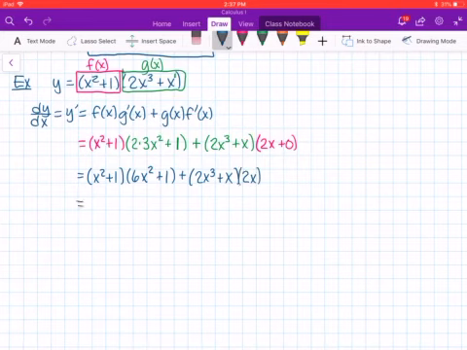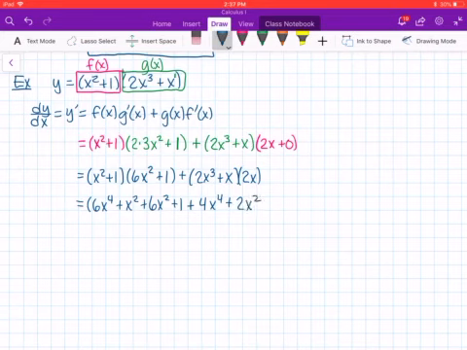All right, now let's expand these two binomials. We got 6x to the 4th plus x squared plus 6x squared plus 1 plus 4x to the 4th plus 2x squared. I don't need a parentheses, I guess.